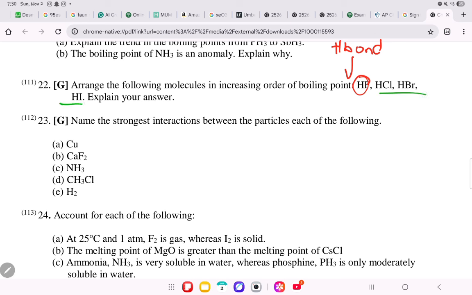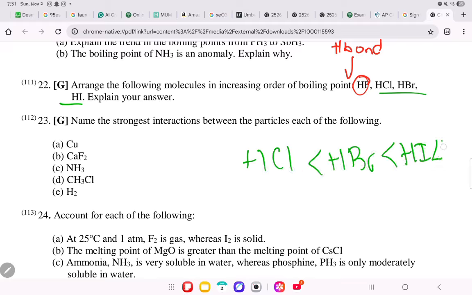For the PD-PD and ID-ID, the greater the number of electrons, the greater the electron cloud, the easier it is to distort, the greater the force needed to break the bond, and then the higher the boiling point. That means that the weakest is HCl, then HBr, then HI, and then HF, okay?